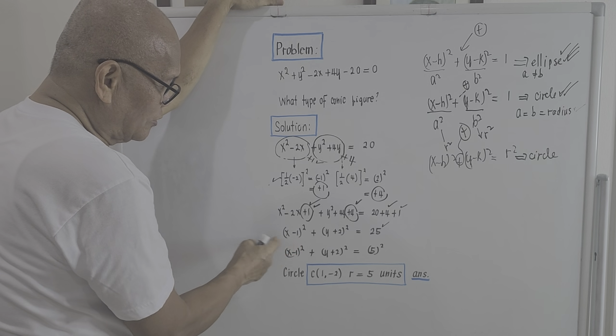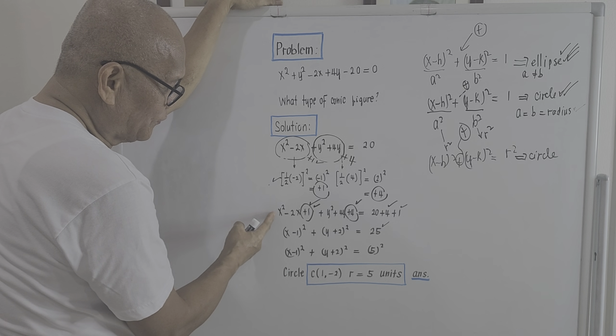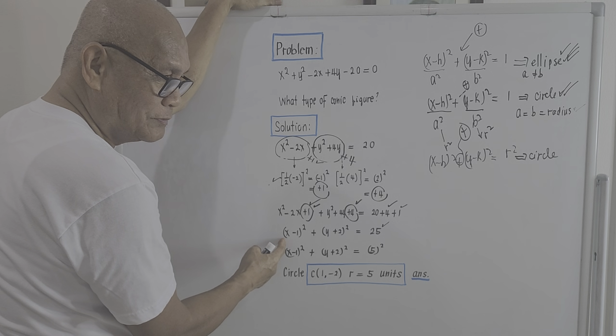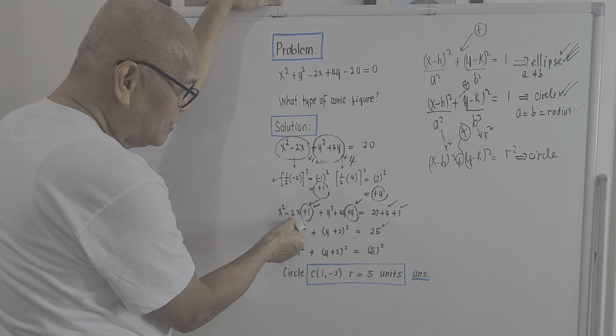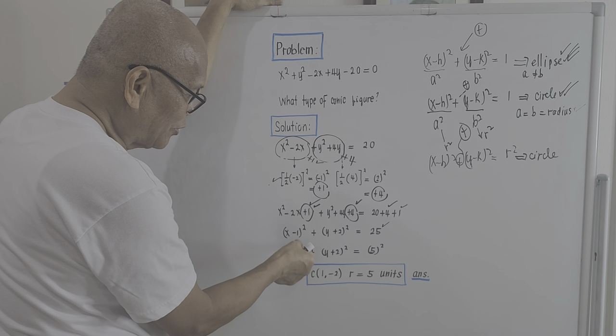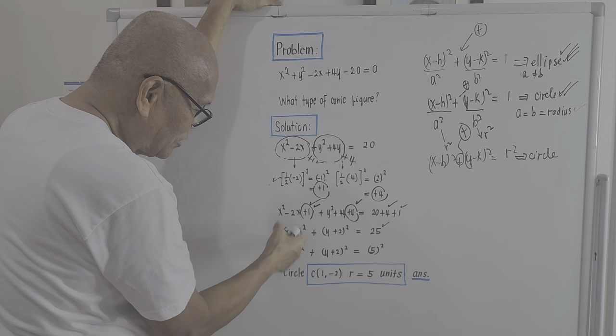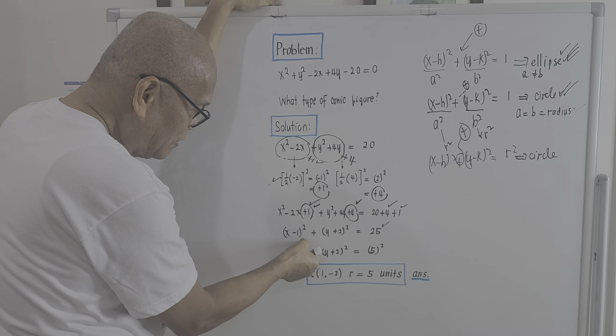If we try to expand this one, the first term will be x squared. The middle term will be negative 1 times 2, or negative 2x. And the pure constant term will be the square of negative 1, which is plus 1. So this expansion is now factorable to this binomial here.